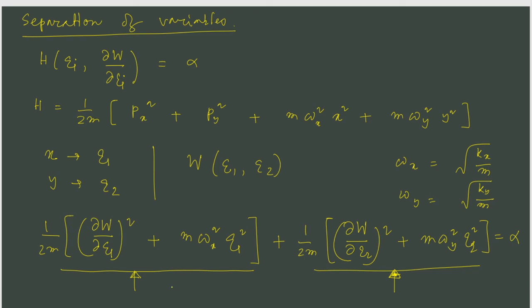Now, often we can't write it this way. For example, it might be possible that, suppose we have two coordinates q1 and q2, the Hamiltonian is a function of q1, and of course a function of del s del q1, and it would be a function of q2.